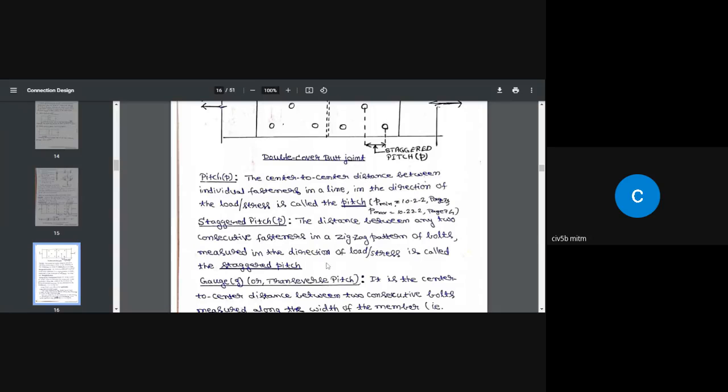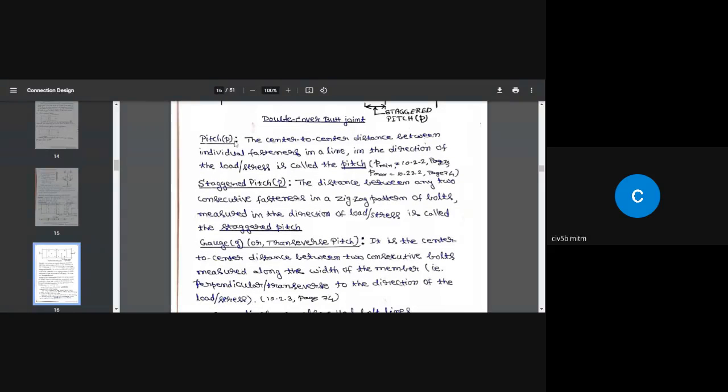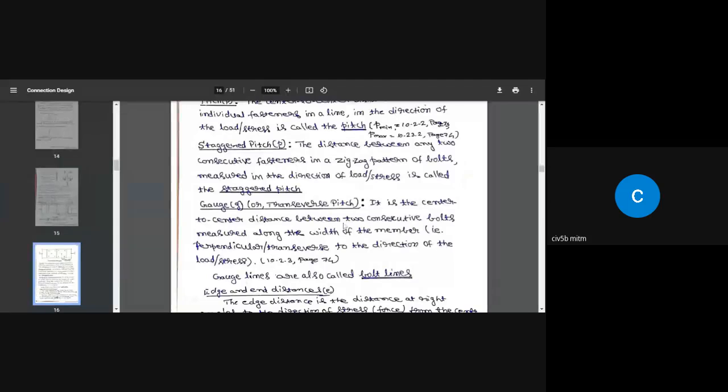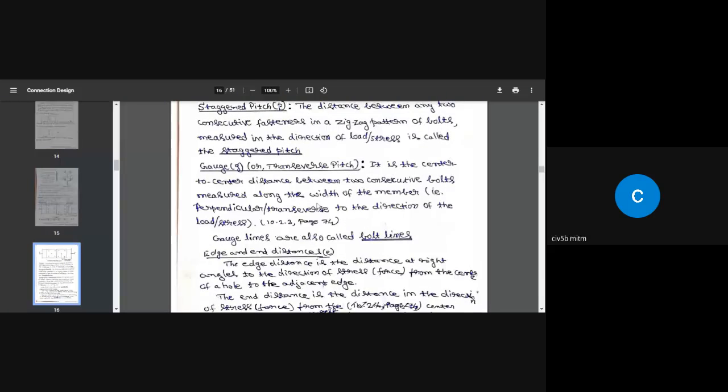That is the way maximum pitch and minimum pitch are maintained. Whatever pitch you give for bolts should be greater than or equal to P minimum, and less than or equal to P maximum. That is equally applicable for staggered pitch and also for gauge. For gauge, again 10.2.3, page 74.